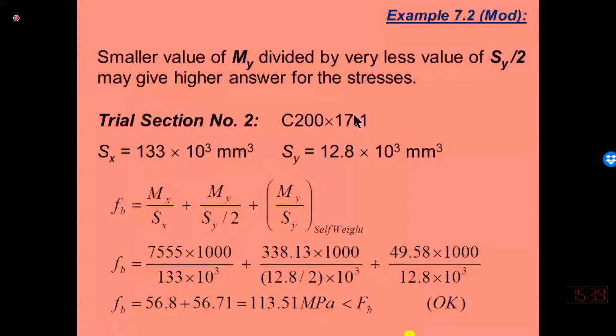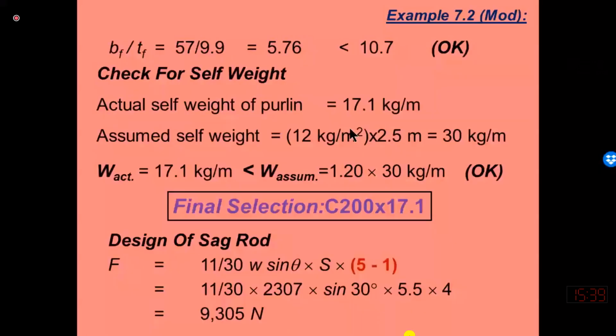So we will convert this load into a UDL load. So 17.1 multiplied by the spacing of the purlin, which is 2.5. Actually, here there is a mistake again in the calculation.